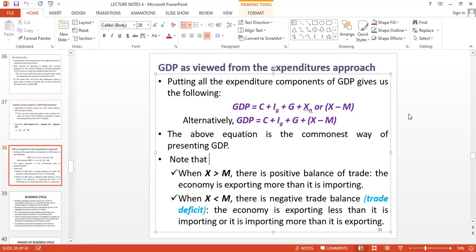So what you have in C, I, G, a lot of those products have a lot of foreign component. That includes fuels, petrol and diesel, in order to produce those things, which is also reflected again in X minus M.